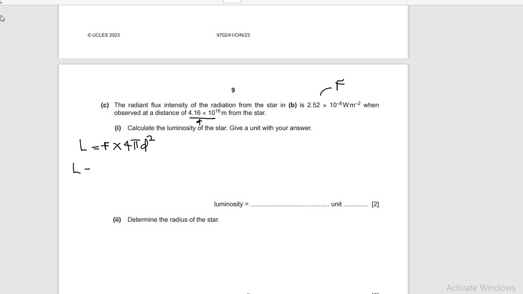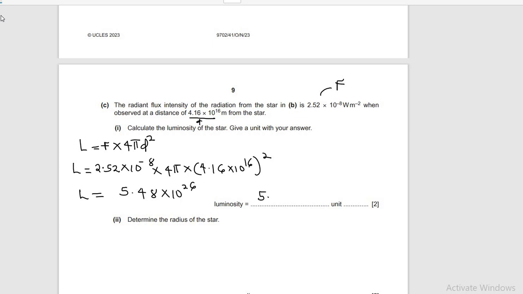So the luminosity is 2.52 times 10 to negative 8 multiplied by 4 pi, multiplied by 4.16 times 10 to 16 all squared. Punch this in your calculator and L will give us 5.48 times 10 to the power of 26. The unit of luminosity is watt.